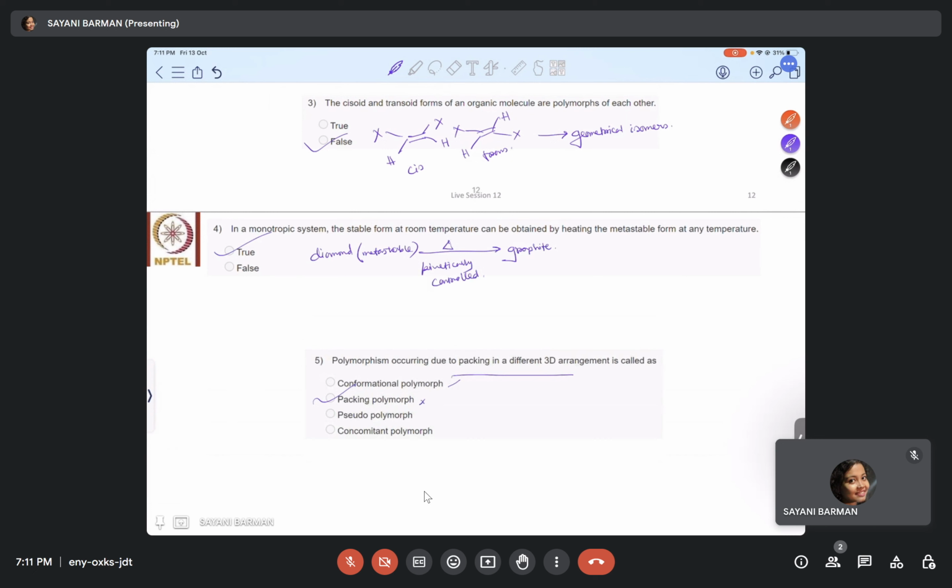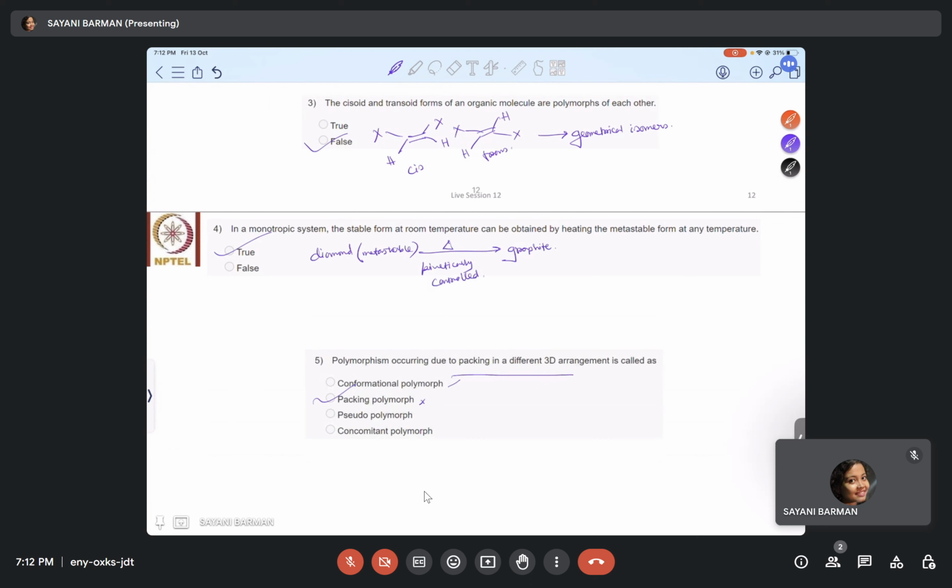Now, the next one is the pseudopolymorphs. We also call them solvomorphs or solvates. So it involves solvents in the crystal structures.